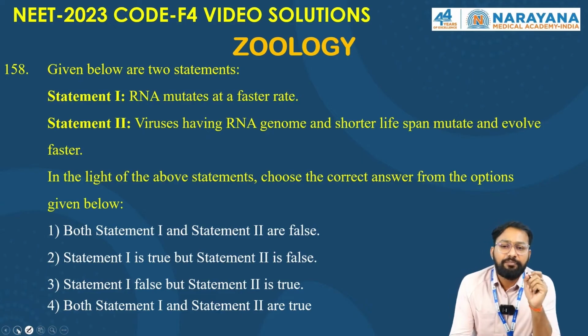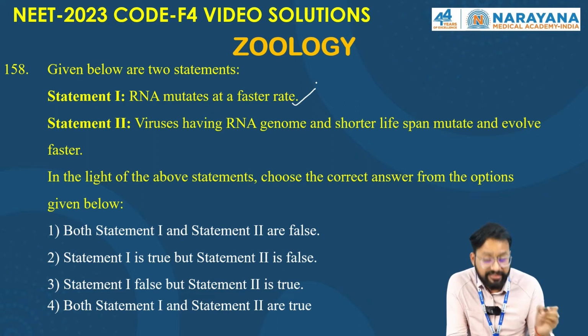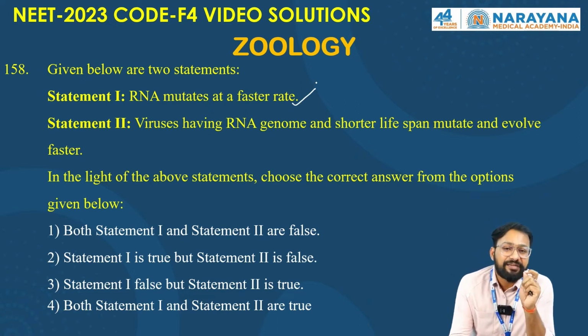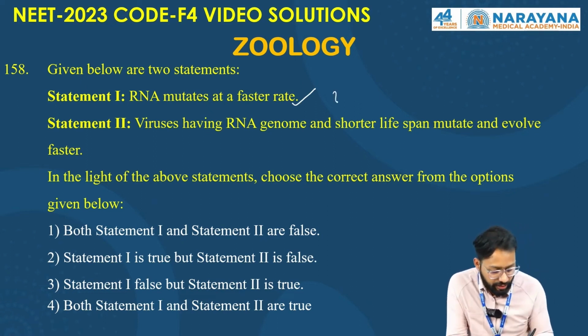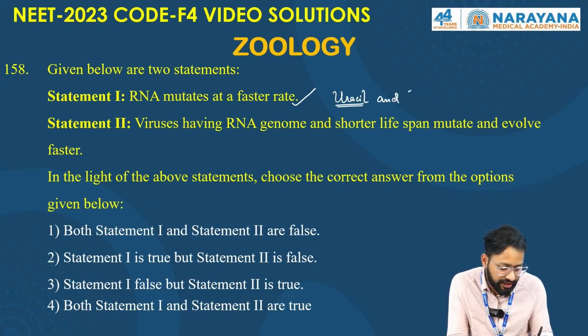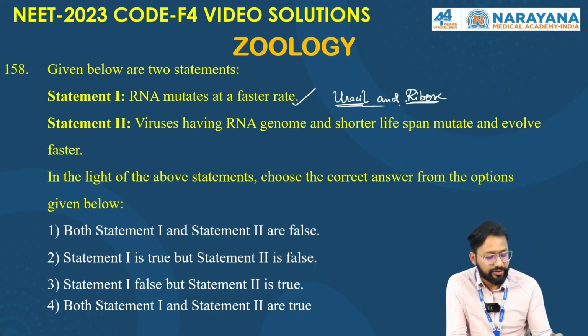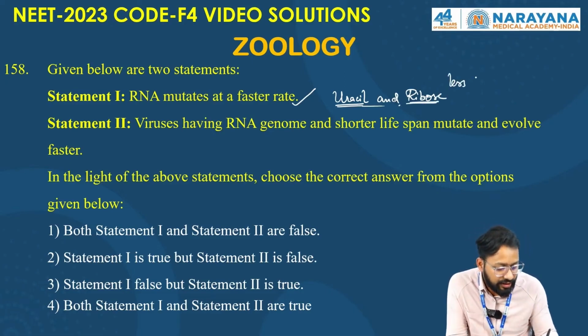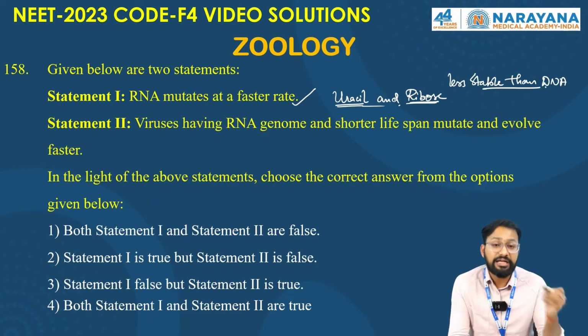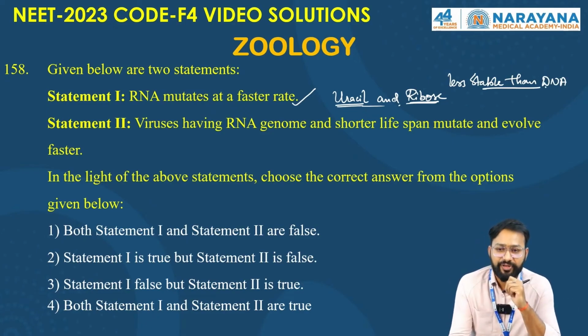Okay, RNA mutates at a faster rate, which is true, right? So RNA consists of certain unstable molecules, with the presence of uracil and ribose. So we can say it is less stable than DNA.